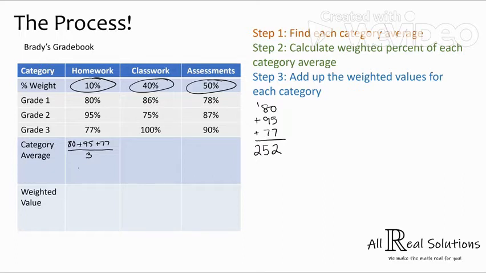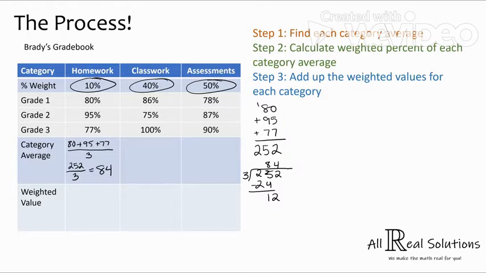So his category average is 252 divided by 3. 3 times 8 is 24. Subtract 1, bring down the 2, 4. So the homework average is 84%. Brady has an 84% in his homework.